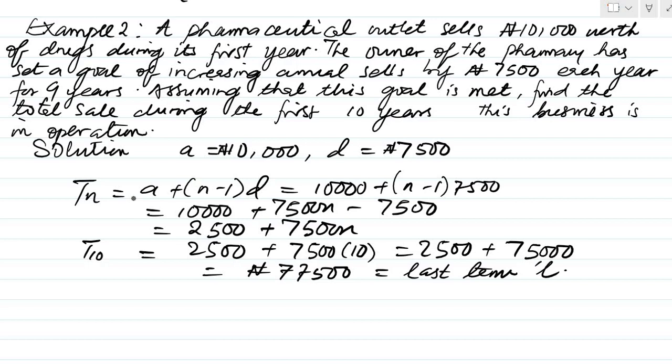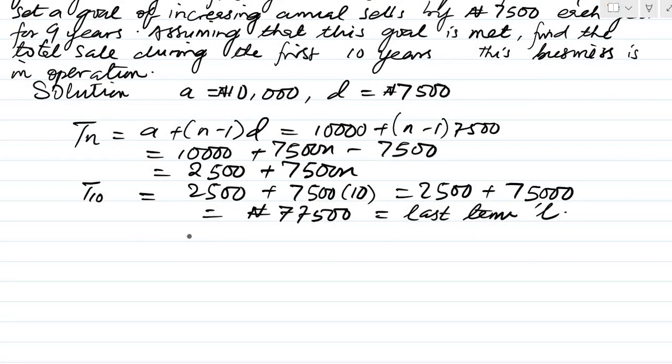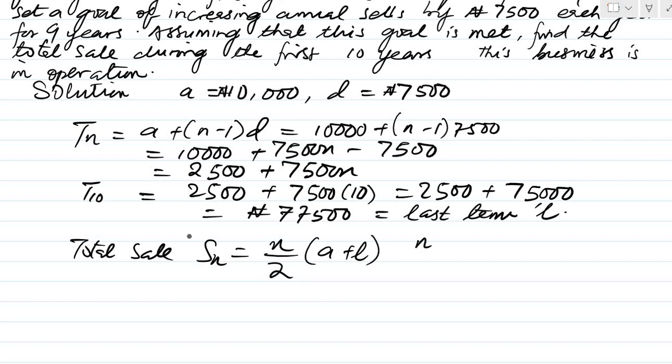So for us to get the total sales, which is Sn, it will be equal to n over 2 bracket A plus L, where n is equal to 10, A is equal to 10,000, and L is equal to 77,500.